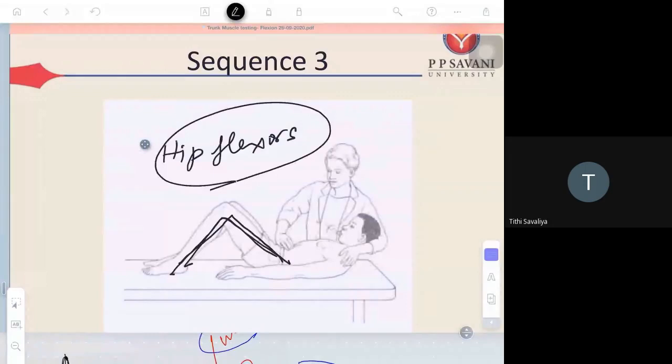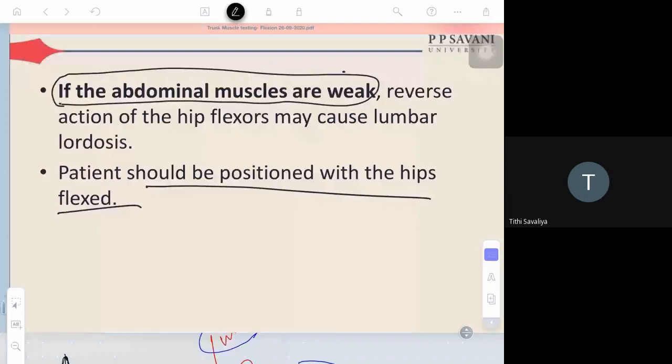So lumbar lordosis will not increase, and the hip flexors will not contract in reverse direction if you achieve this position. If abdominal muscles are weak, reverse action of the hip flexors may cause lumbar lordosis. Then what will you do? You will achieve this position, that is, the patient should be positioned with the hip flexed.